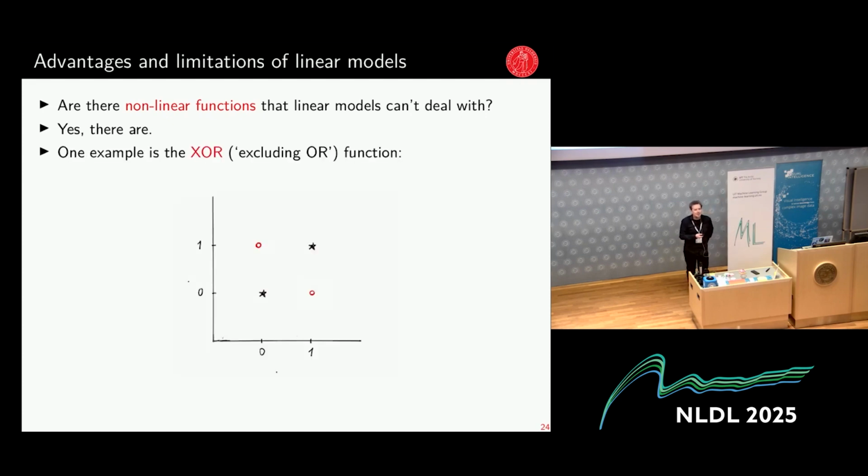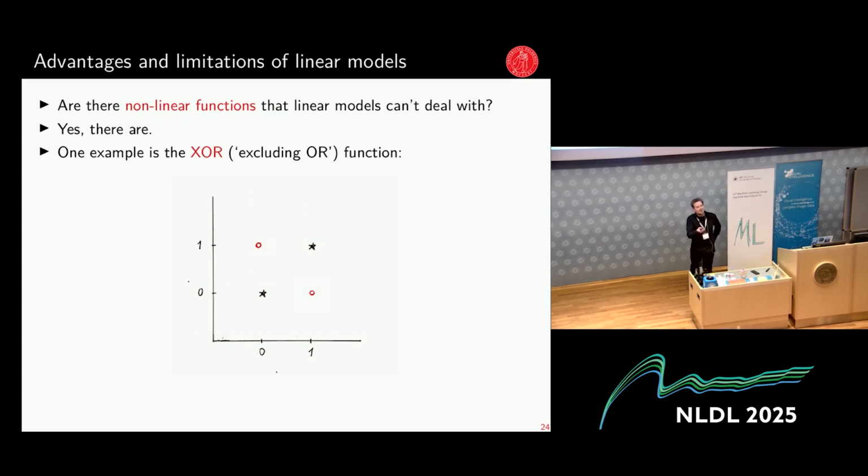Even quite simple functions, like, for example, this exclusive OR, XOR function, which is the textbook example of a nonlinearly separable dataset. You can see that we have some data points which are represented by two features, on the horizontal axis and on the vertical axis, and they belong to two classes: red circles and black stars.